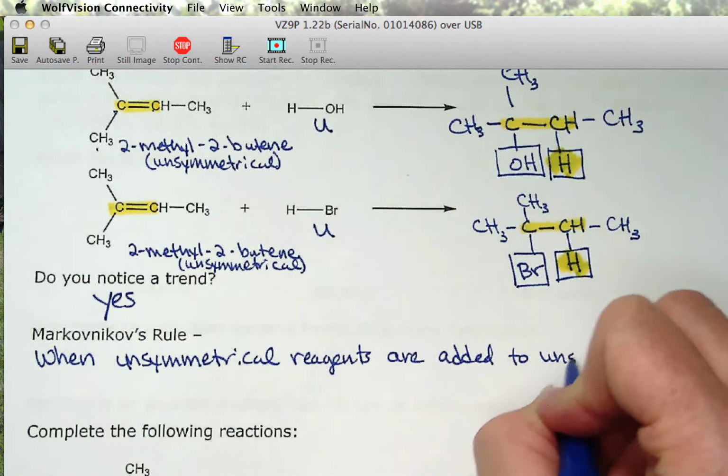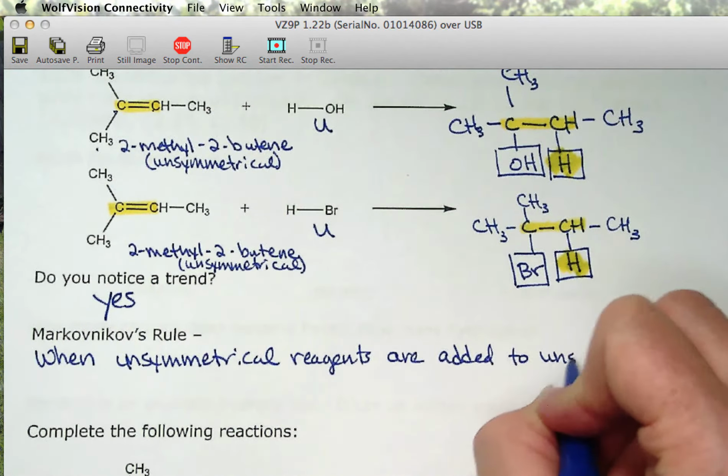If you have unsymmetrical reagents being added to unsymmetrical alkenes, then you have to think about Markovnikov's rule. This is an unsymmetrical alkene. So both of these you have to think about Markovnikov's rule. Or the hydrogen. Where will the hydrogens go? Where is the better party on these two carbons?